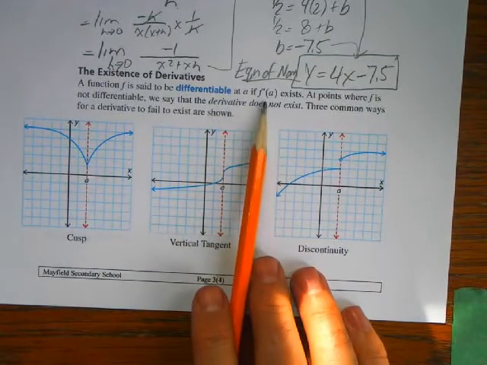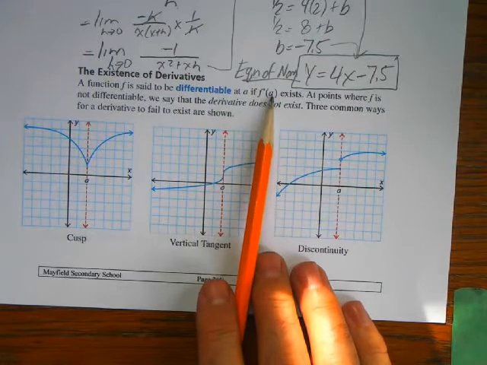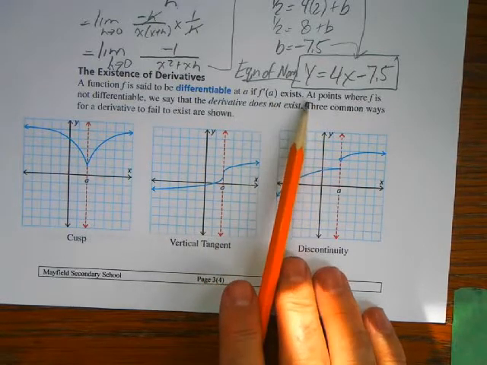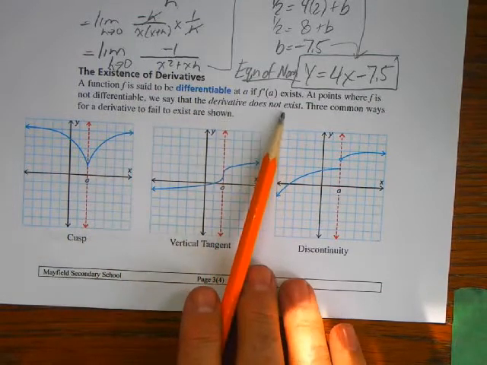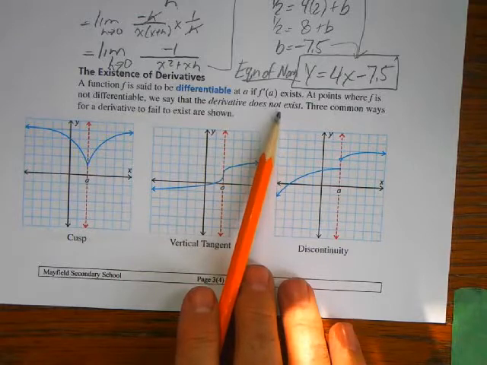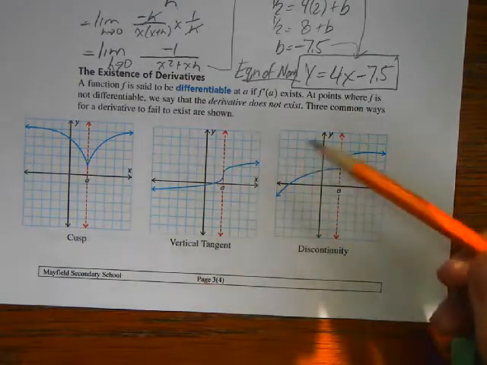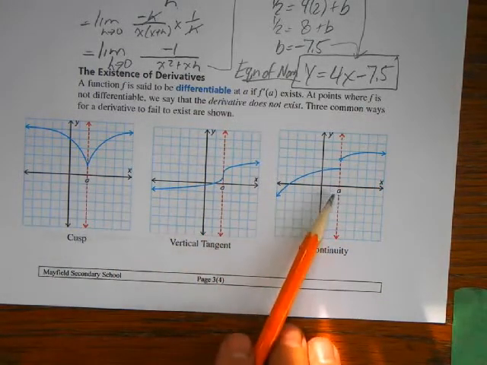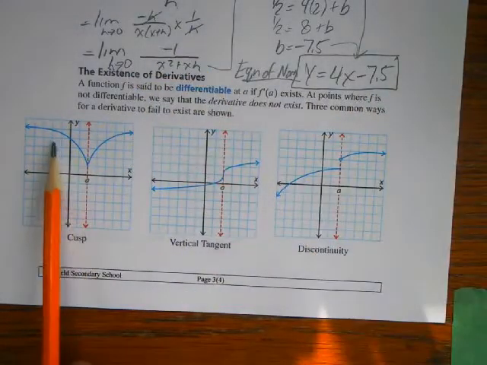At points where f is not differentiable, meaning you can't find the derivative, we say that the derivative does not exist. And there are 3 common ways for a derivative to not exist. So these are the conditions. These are all at some arbitrary point a. So this is kind of the new situation we didn't see with previous examples of limits and continuity.